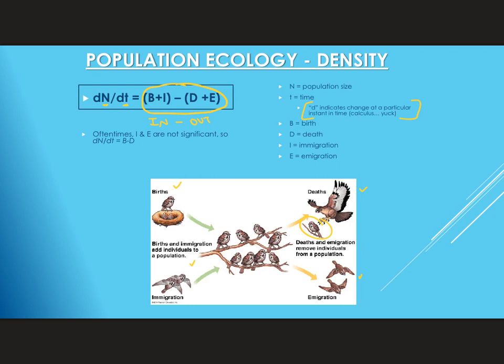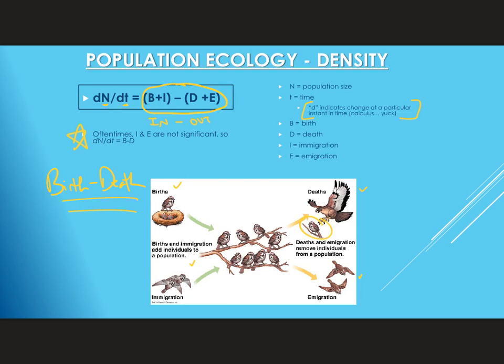So if we take the ways to get into the population and subtract away the ways to get out of the population, that gives us a population change. Now, if you notice this note right here, it tells us that immigration and emigration are typically pretty insignificant in terms of statistics. So usually we can get a pretty good idea of population change by looking at birth minus death.